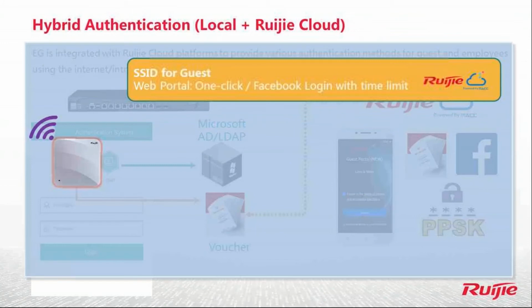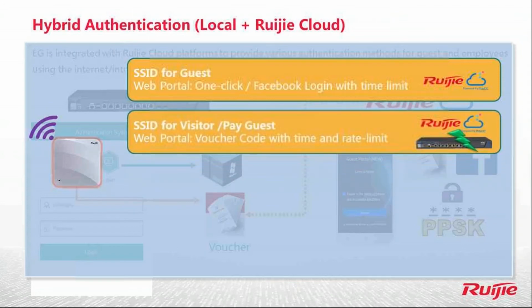This is our recommended SSID for the guest. We always recommend using the web portal like one-click login or also Facebook login with a time limit. All this authentication can be set up in our security gateway. For the visitor, there are the voucher code, the time limit, and the data limit, meaning we can limit how many megabytes the user can download or upload.